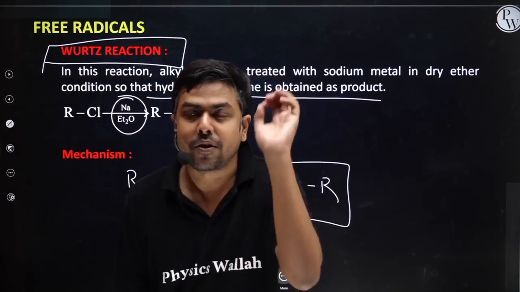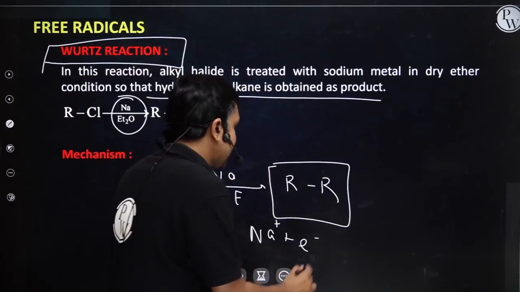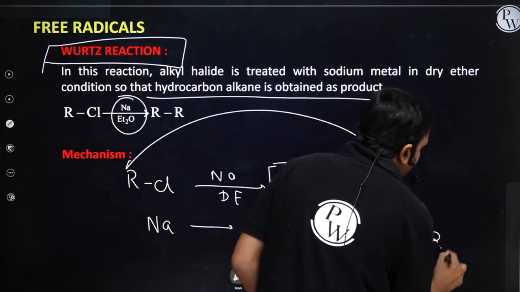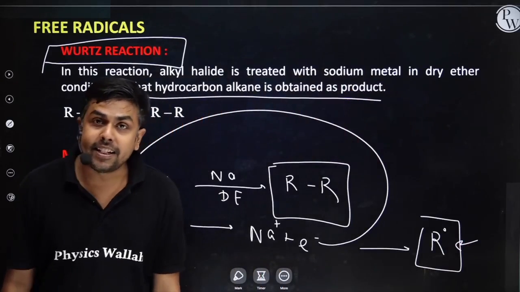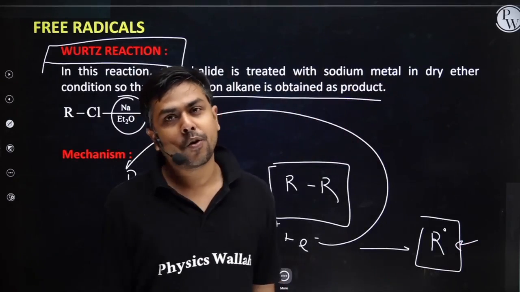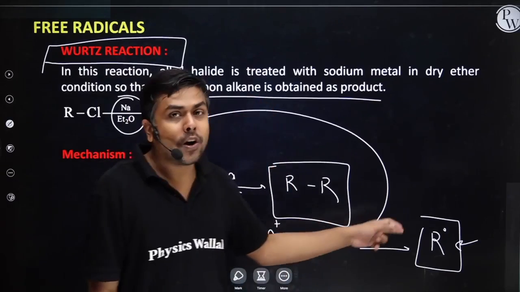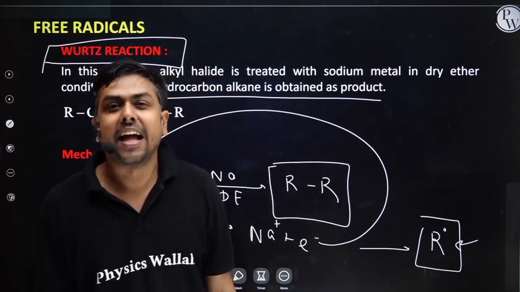As soon as it undergoes homolytic cleavage, I will have the formation of carbocation. This electron will attack here and I will have the formation of R dot, alkyl radical. And whenever a radical is formed, it readily undergoes combination reaction or dimerization reaction. This R dot will combine with one more R dot and will give us higher alkane.